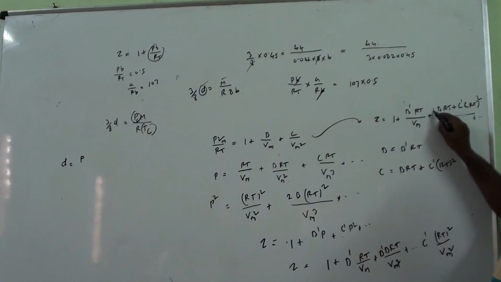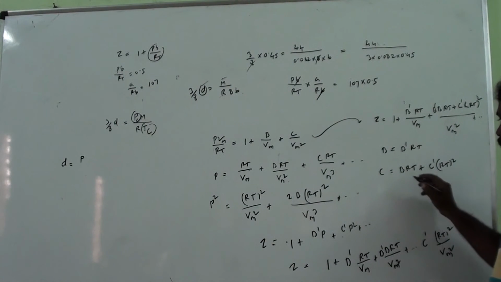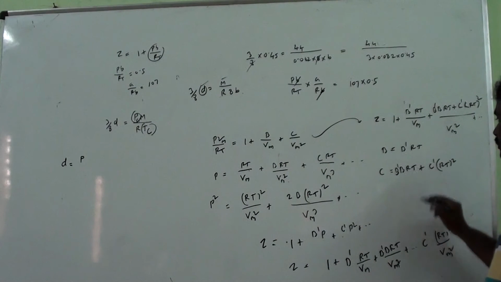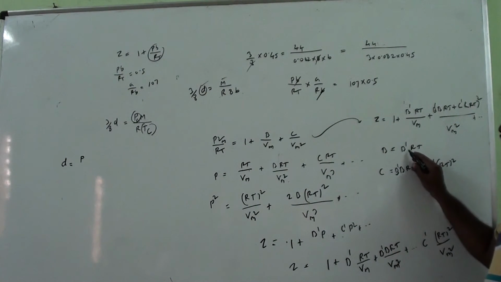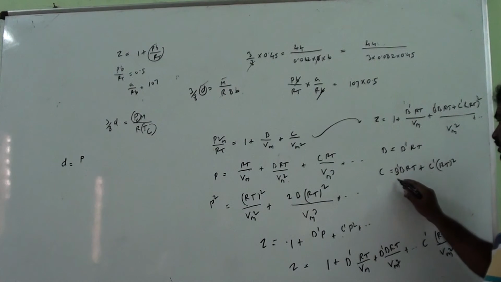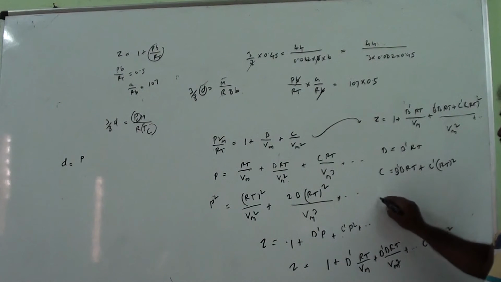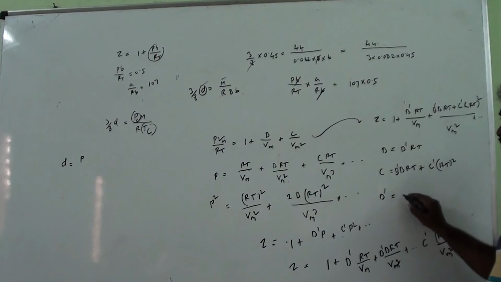Good, so B dash. So C dash is b dash, b dash, b dash, right? Here b dash is b by RT, correct, B square. If you substitute b equal to b square here, what will C be?